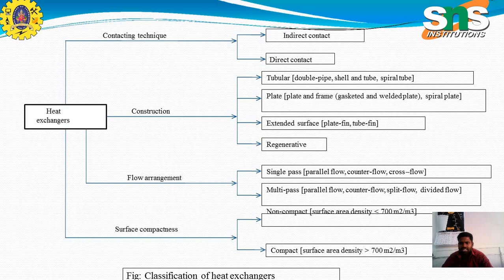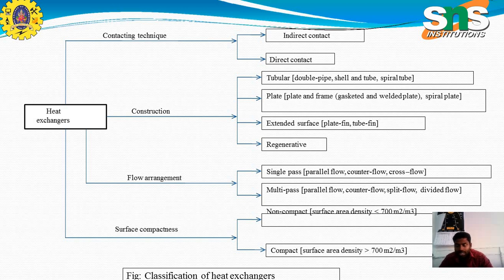So what do single pass and multi pass mean? In the heat exchanger we have a number of tubes, in which the two fluid mediums, cold and hot, flow continuously. In a single pass heat exchanger we have only one inlet and outlet: an inlet for both hot and cold medium, and an outlet for cold and hot medium. In single pass we have further classifications called parallel flow, counter flow and cross flow. It is similar for multi-pass.